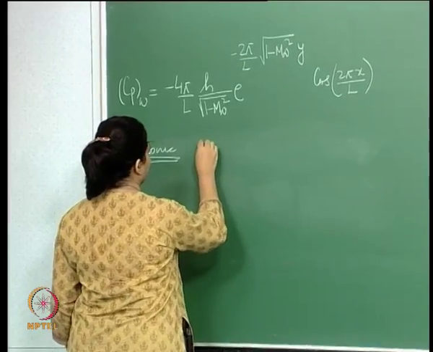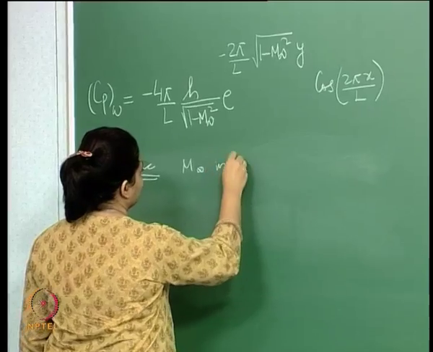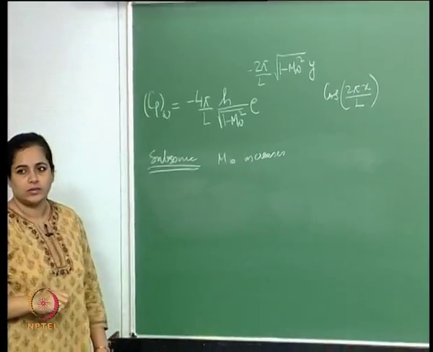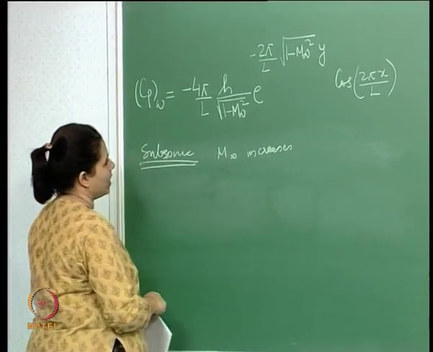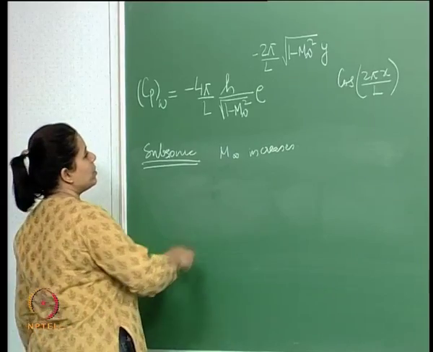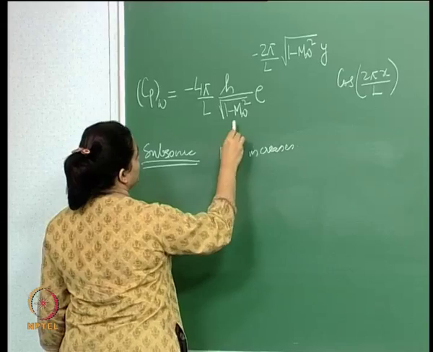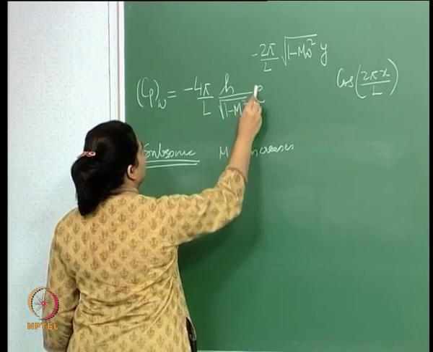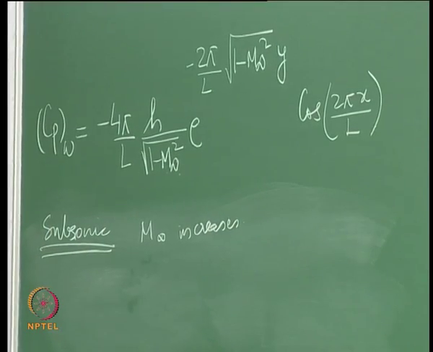Now if M infinity increases within the subsonic flow, if the Mach number increases, then what happens, right? If Mach number increases, look at this term, look at the pressure coefficient here. If Mach number increases, then this decreases. So this basically increases.